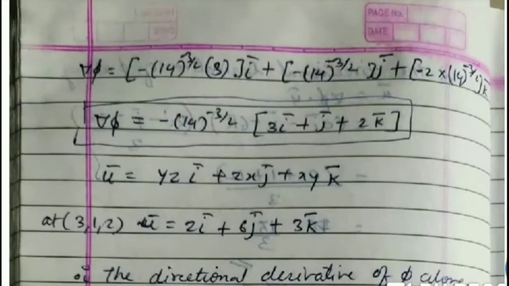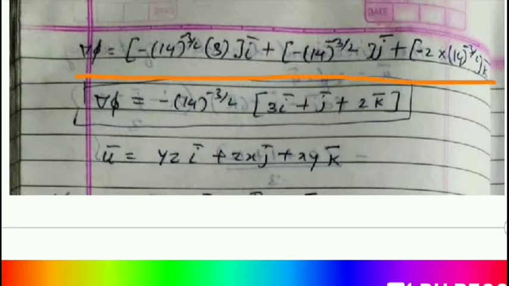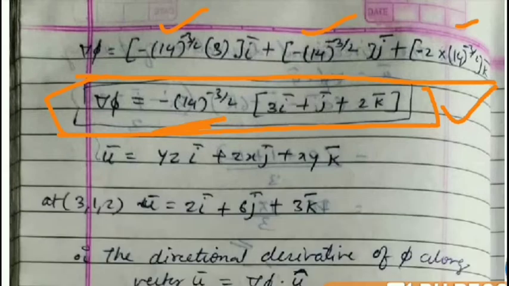After simplifying it, the value of del phi is minus 14 to the power minus 3 by 2 into, taking common, minus 14 to the power minus 3 by 2 (3i plus j plus 2k) is the value of del phi.